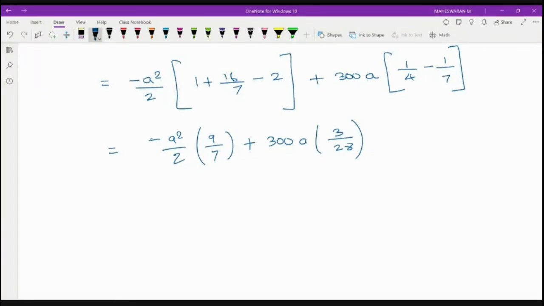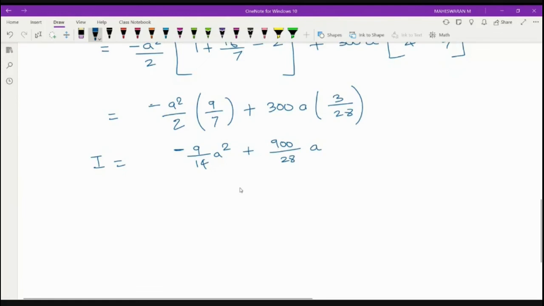Right. So this is my value, which means again I can redo this. We will get 9 minus 9 by 14 a square plus 900 by 28 a. This is my I value. So now you have only one constant here.